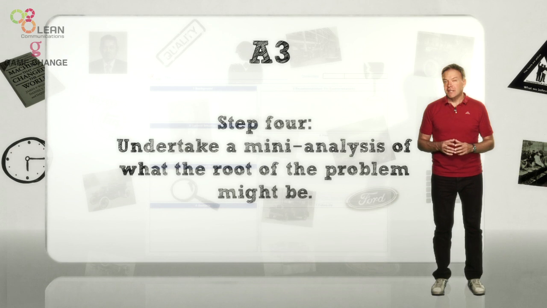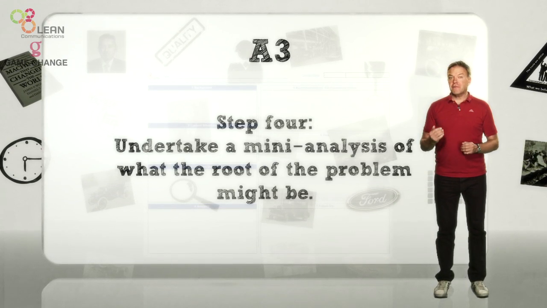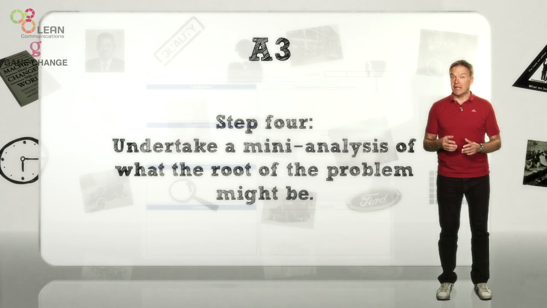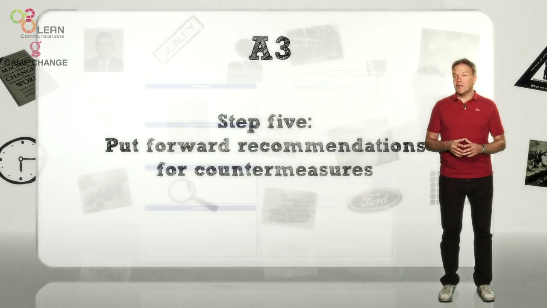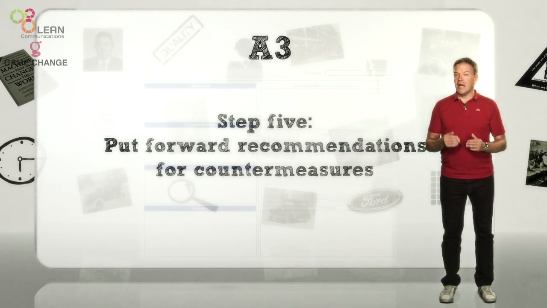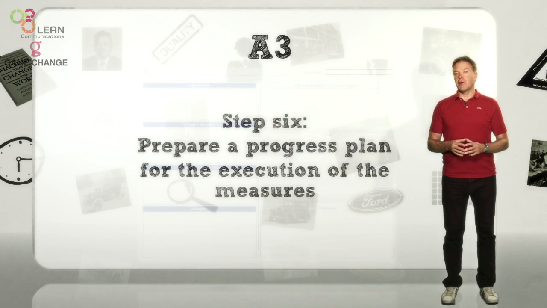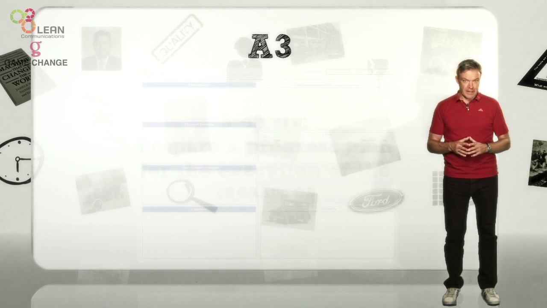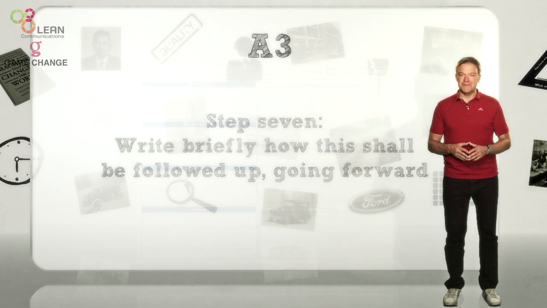Undertake a mini analysis of what the root of the problem might be. 5 times why might be useful in this case or other analytical methods. Step 5. Put forward recommendations for countermeasures. Step 6. Prepare a progress plan for the execution of the measures. Step 7. Write briefly how this shall be followed up going forward.